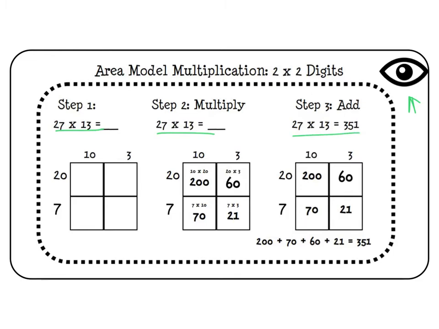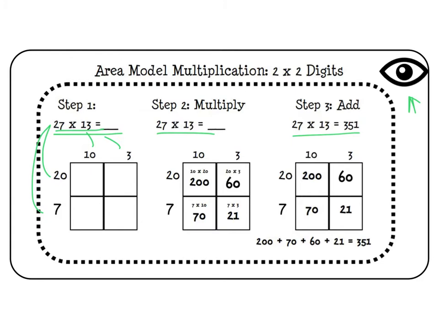We're just looking at how we break this apart. In our first step, we're going to change it from a problem written out like this to an area model. We're going to take 27 and split it up by its place value into 20 and 7. And we're going to do the same thing for 13. 13 is made up of 10 and 3.